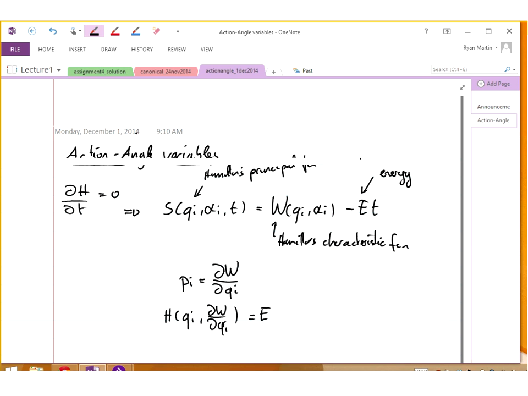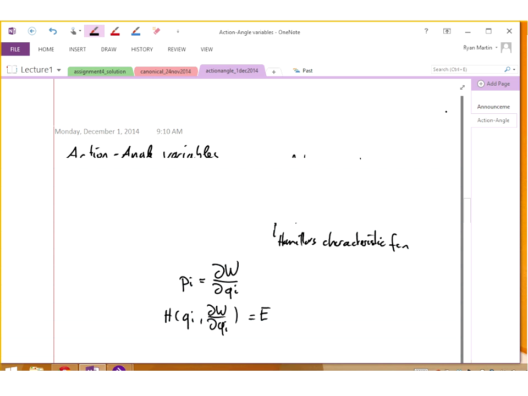So if I assume that the W, which depends on the q_1 to q_n, alpha_1 to alpha_n, can be written as W_1 of q_1 and alpha_1 plus ... W_n of q_n, alpha_n.